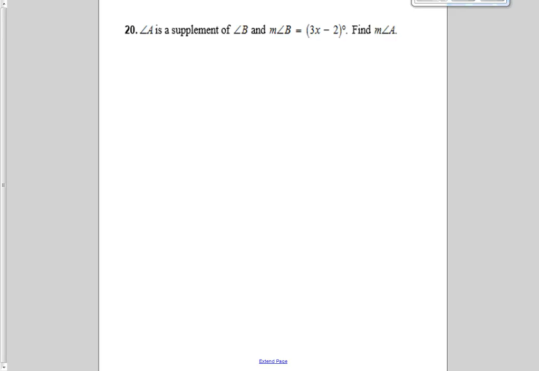Last two, these are going to be the same thing, but the answer is going to be an expression. So I'm going to write my same thing out. A is a supplement of B, so angle A plus angle B is 180. And then angle B, it says, is 3x minus 2.